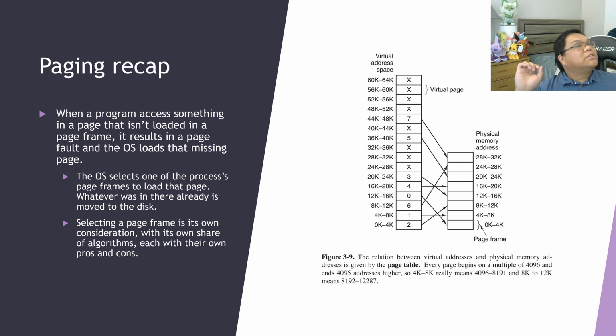So it's one thing to request an I/O operation to load the missing page from the disk. It is another thing entirely, which we will get into as a topic of this discussion, selecting a page frame in which to load our missing page.